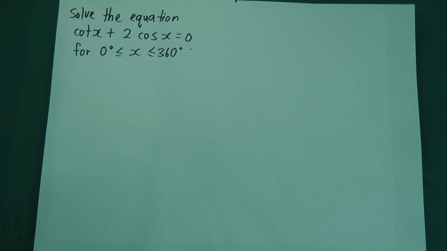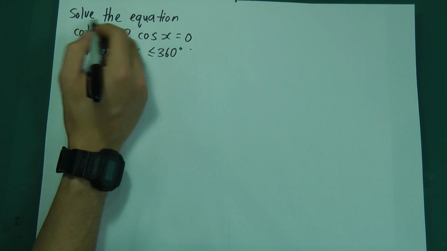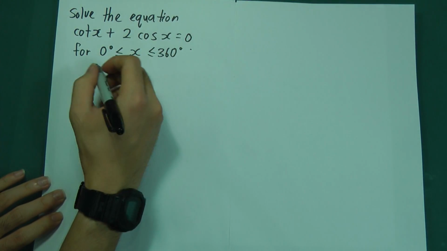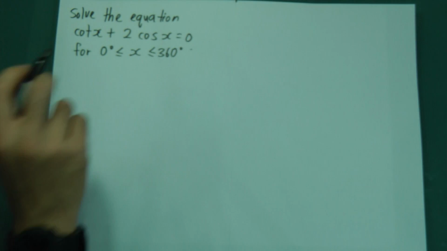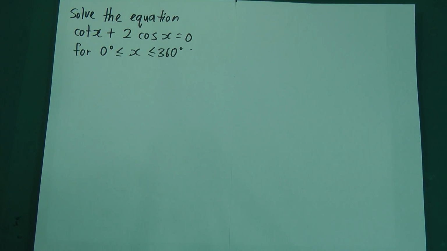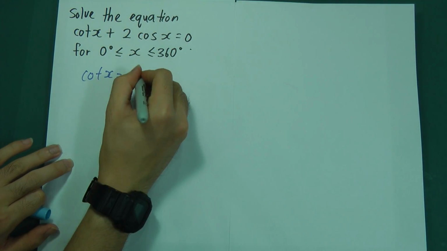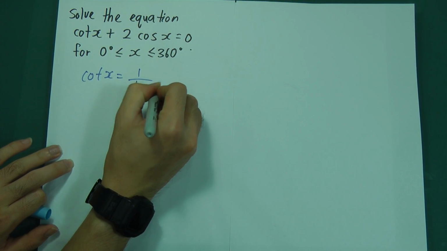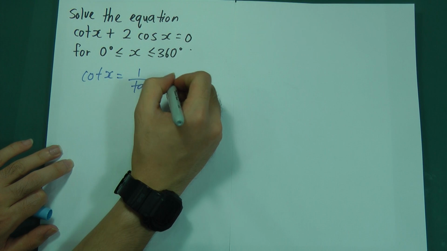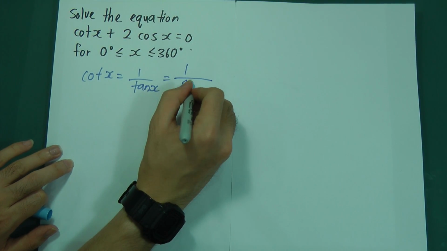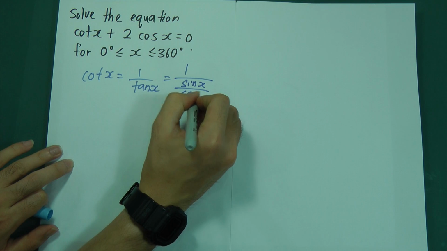First, you must know the relationship between cotangent and cos. Let me prove it quickly using another color to make it easier to see. Cotangent x equals 1 over tangent x. However, we know that tangent x is equal to sine x over cos x.